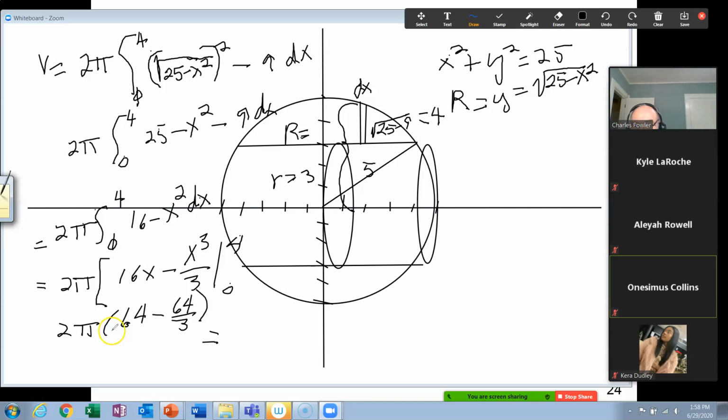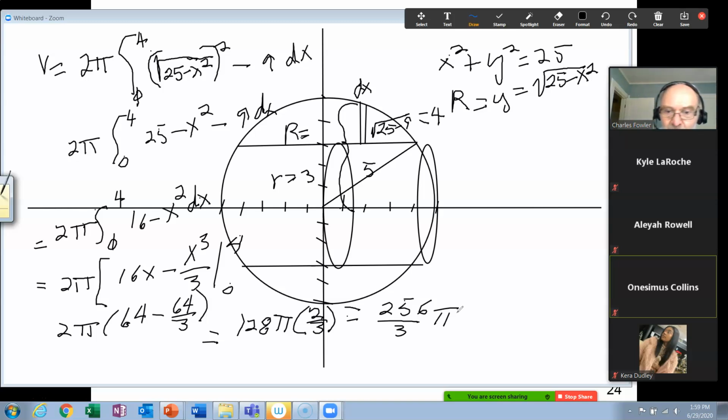I'm going to pull the 64 out. 64 times 2 is 128 pi times, and then what you have left over is 1 minus 1/3, so that's 2/3. Okay, and that's equal to 2 times 128 is 256 thirds pi. That's the volume, I hope.